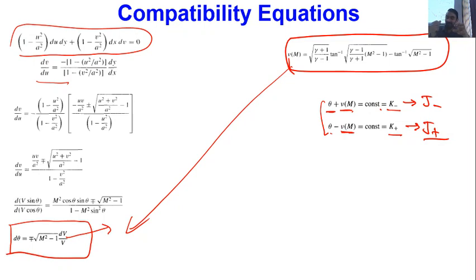The only benefit of this method is that the governing equations, in their actual nature, are non-linear partial differential equations, but if you solve them along the characteristic direction, they become ordinary differential equations. As it becomes an ordinary differential equation, the solution is quite easy.